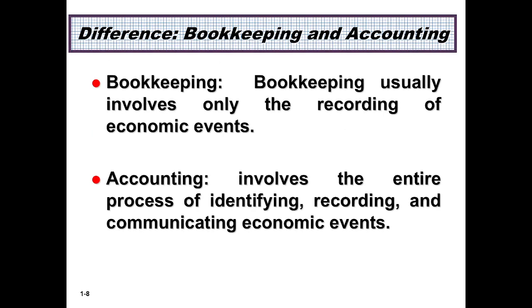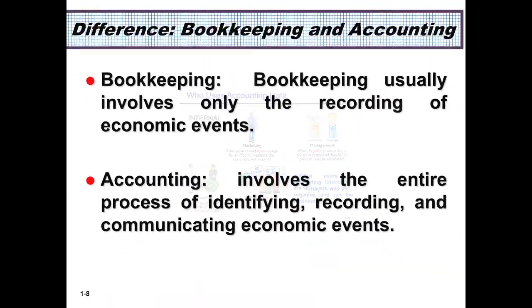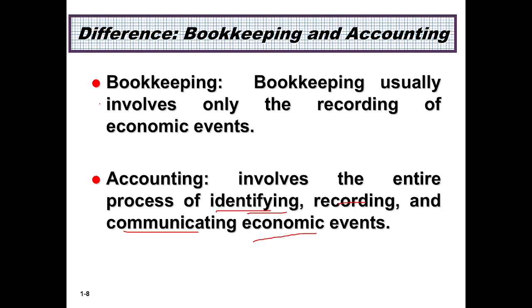Now, the basic difference between bookkeeping and accounting. Bookkeeping usually involves only the recording of economic events. Accounting involves the entire process of identifying, recording and communicating economic events, which we have already discussed broadly. So we can also say bookkeeping is the primary recording and accounting is the secondary recording.